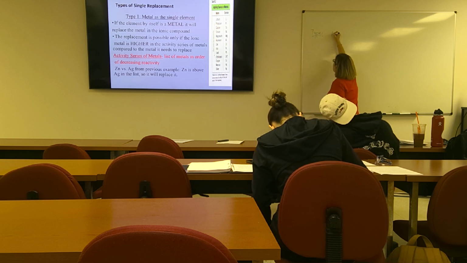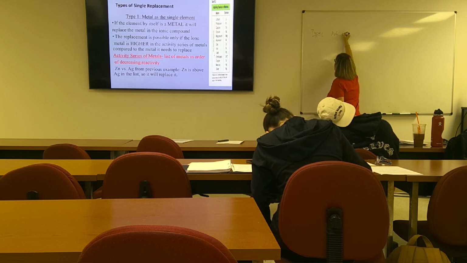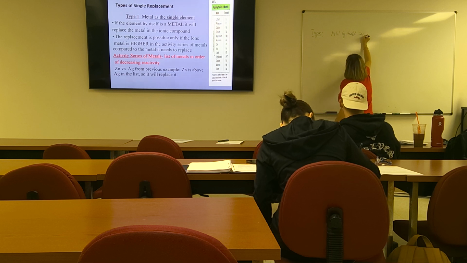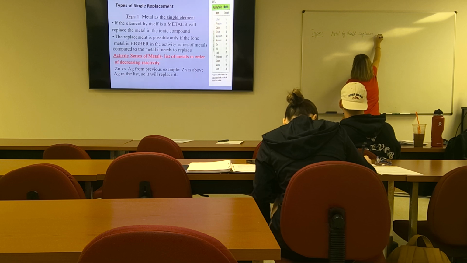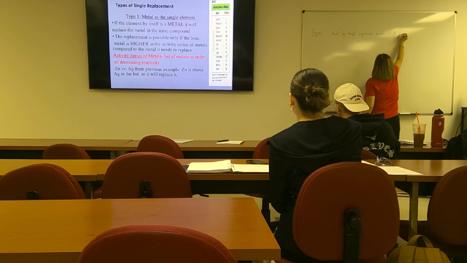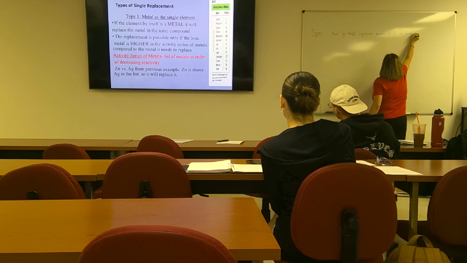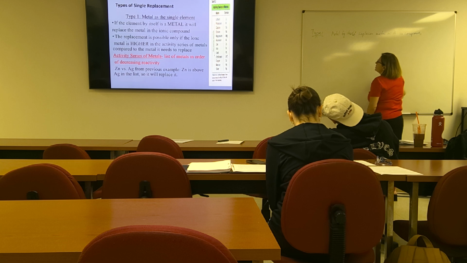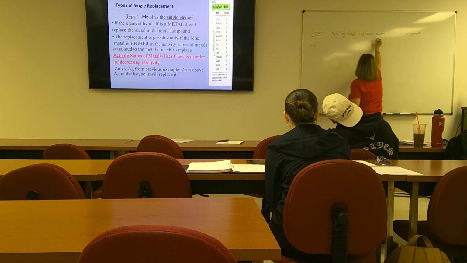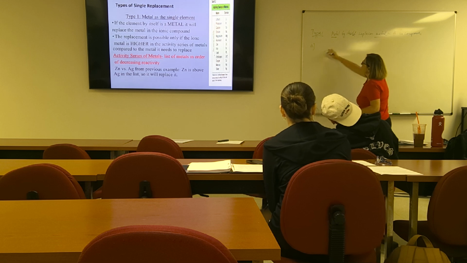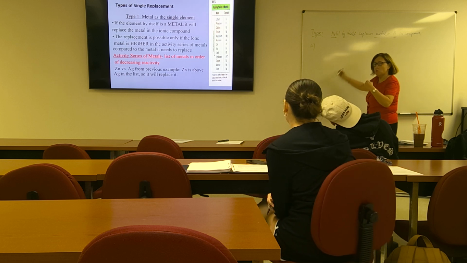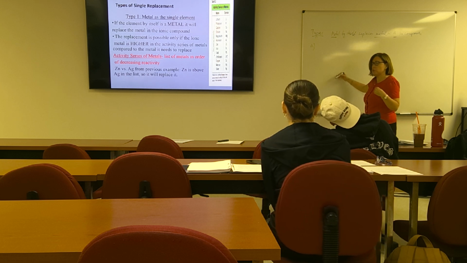Type 1: a metal by itself replaces metal or hydrogen in compounds. The first category in type 1 is a metal by itself replaces a metal. And the second would be a metal by itself replaces hydrogen. So we're going to have an A and a B situation here.